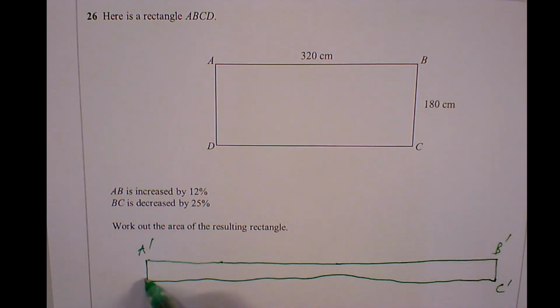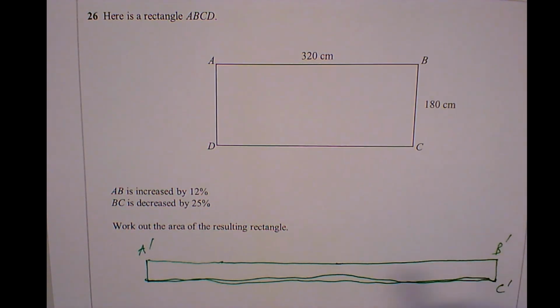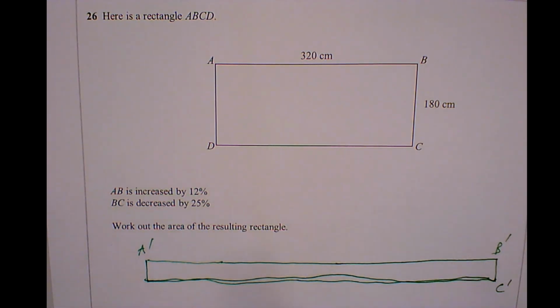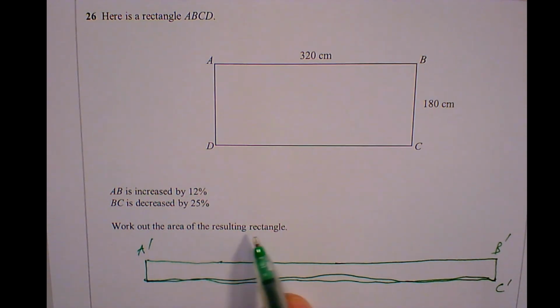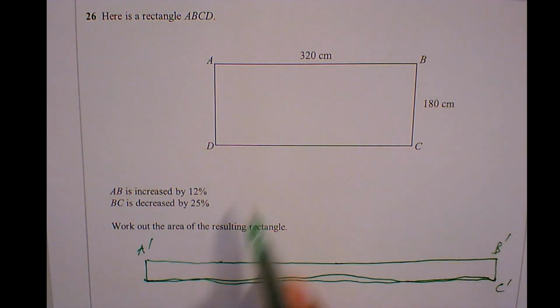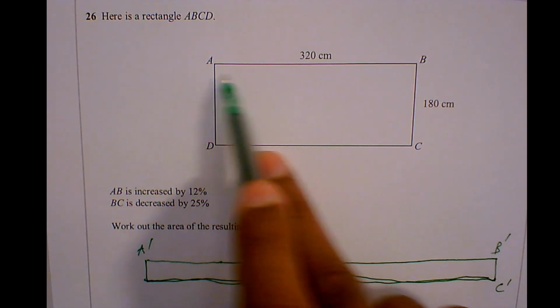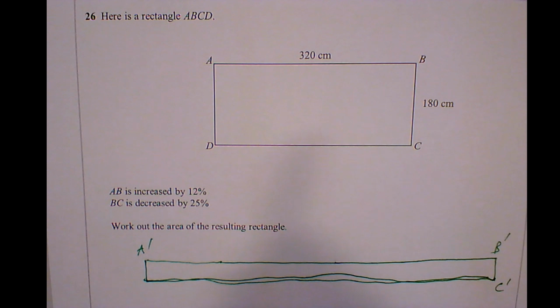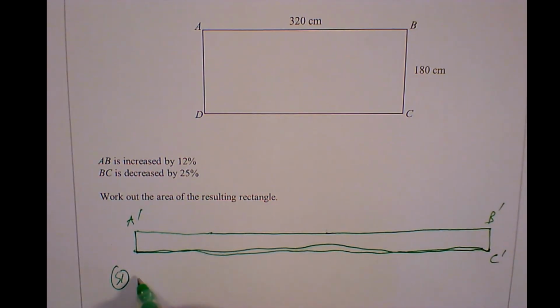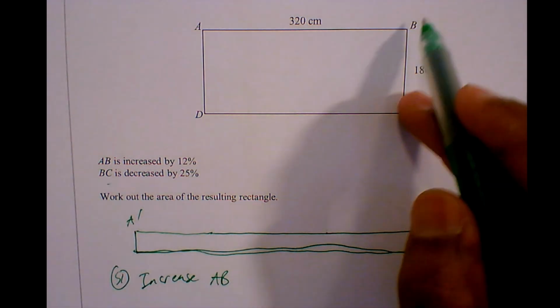This is just so that I can visualize what's going to happen. It's become longer on one side and shorter on another side. Work out the area of the resulting rectangle. So step one is to increase AB.